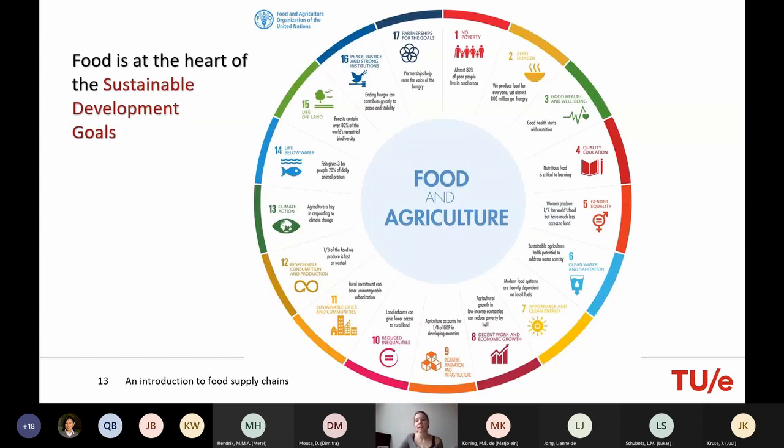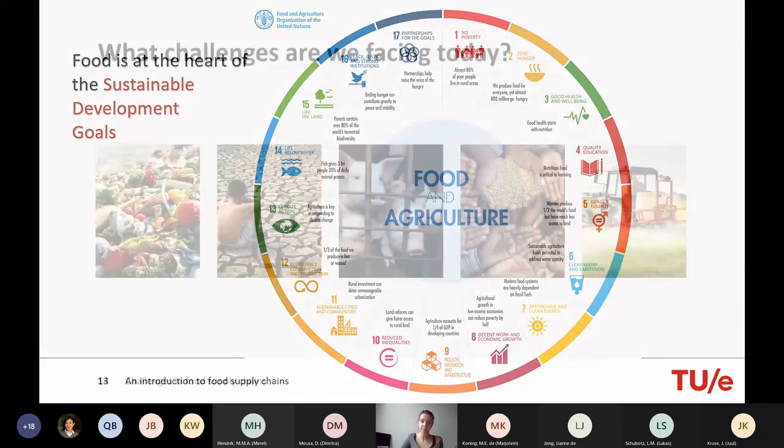There are clear links, for example, with the second goal, zero hunger, but it also impacts other things like life on land, life below water, and even things such as quality education, because nutritious food is critical to learning. At least that's what scientific research shows. So tackling food and agricultural issues may really help us to improve sustainability aspects.